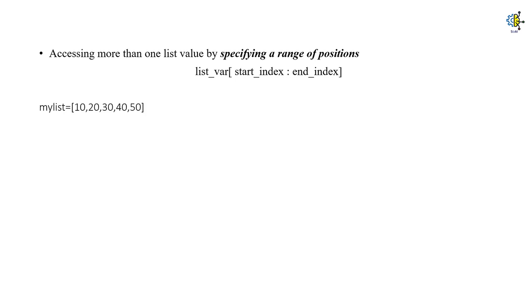For example, here is my list, and if I print MyList[1:4], the output would be 20, 30 and 40 because I am trying to access the list values stored from index 1 to index 4.